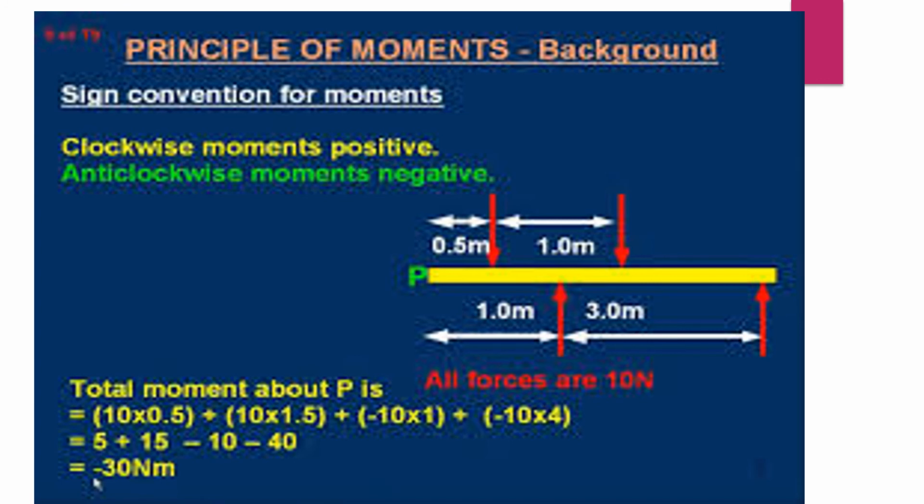All the values of the clockwise moments, we are going to take as positive values, and the values of the anti-clockwise moments we are going to take as negative values. In this picture you can see our object and the force applied on it.